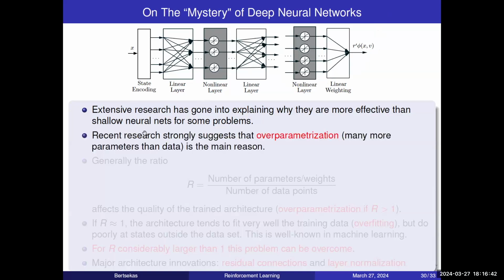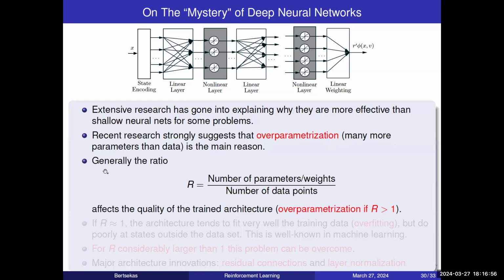And one key observation from some recent research suggests that over-parametrization is the main reason. That is, you have more parameters than data. Generally, the ratio between the number of parameters or weights over the number of data points affects the quality of the trained architecture.